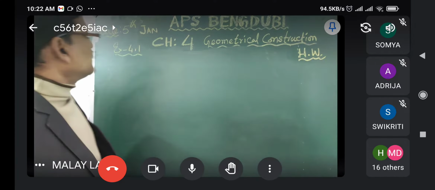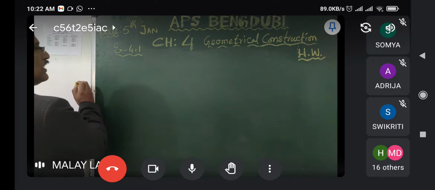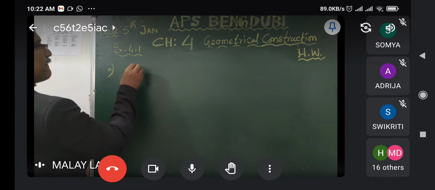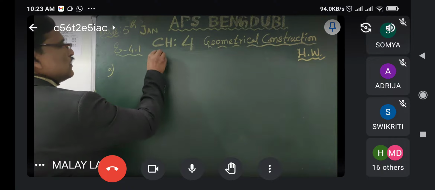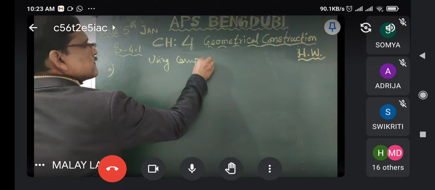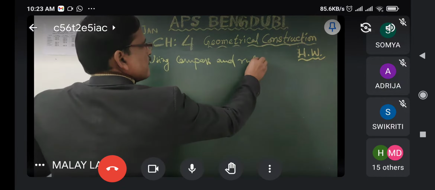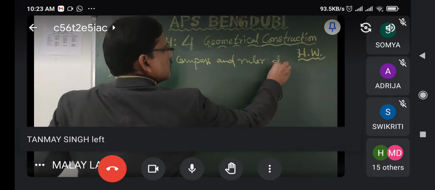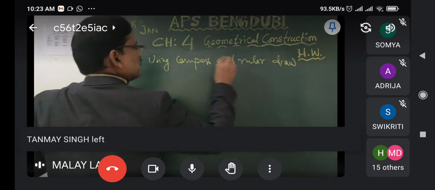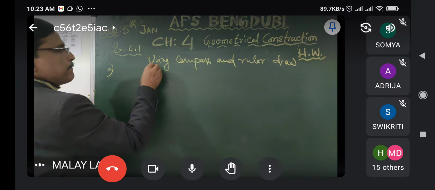So before starting, I have to write on the board: using compass and ruler, draw the following angles. Can you clearly read it?